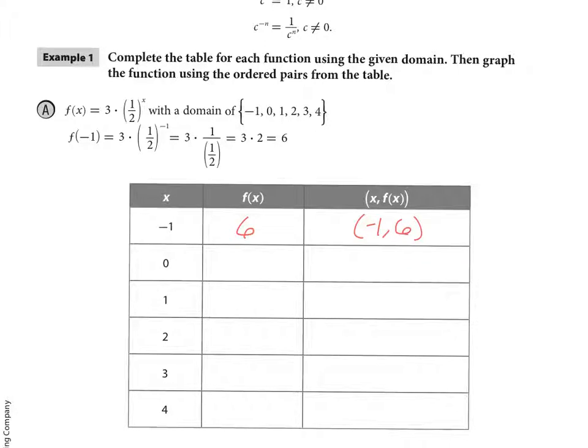Now at this point, rather than calculate by hand, what I would recommend you do is go to y equals on your calculator, type in the function 3 times, parentheses, 1 divided by 2, close parentheses, raise 2, use the caret button, and then type in x.